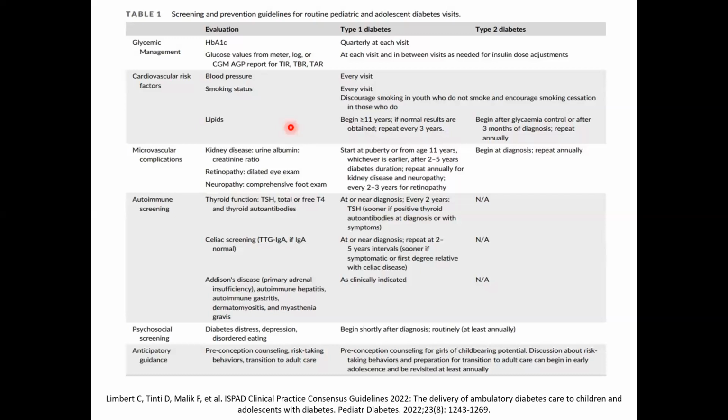For celiac disease, we usually screen using the tissue transglutaminase IgA, again at diagnosis and then repeated every 2 to 5 years. But this can be done sooner if they have symptoms or a first-degree relative with celiac disease. For Addison's disease or adrenal insufficiency and other autoimmune conditions, this evaluation should be done as clinically indicated.